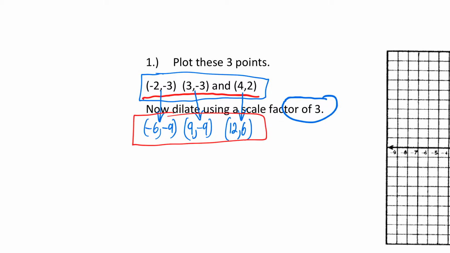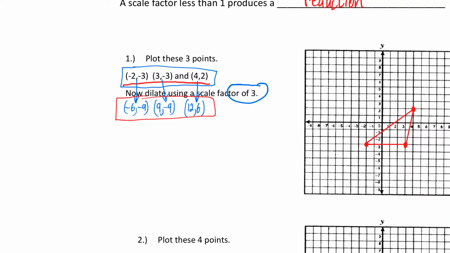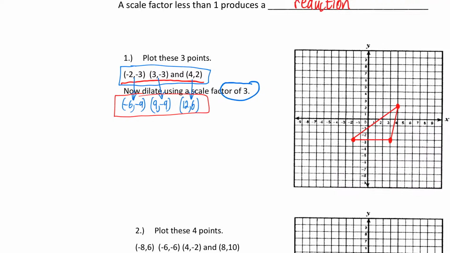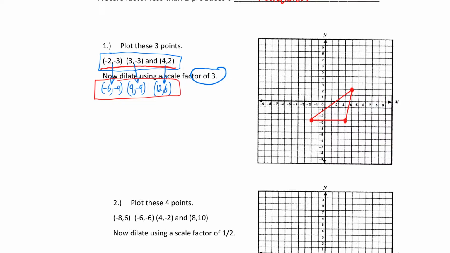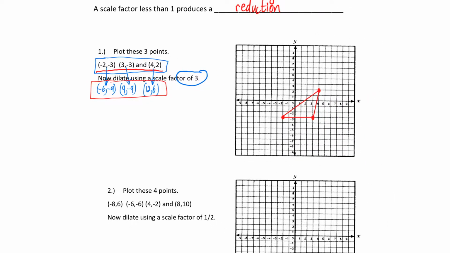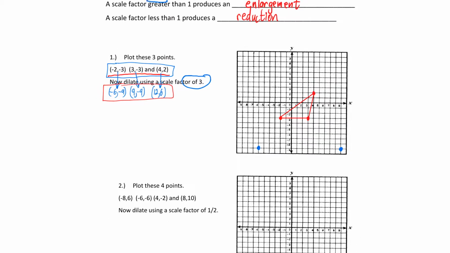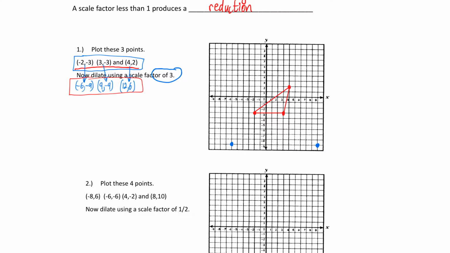So go ahead and plot these 3 new points. -6, -9, 9, -9, and 12, 6. And I know the 12, 6 is going to go off the grid here, but just kind of estimate where it should be at. So we have -6, -9, 9, -9, and 1, 2, 3, 4, 5, 6.